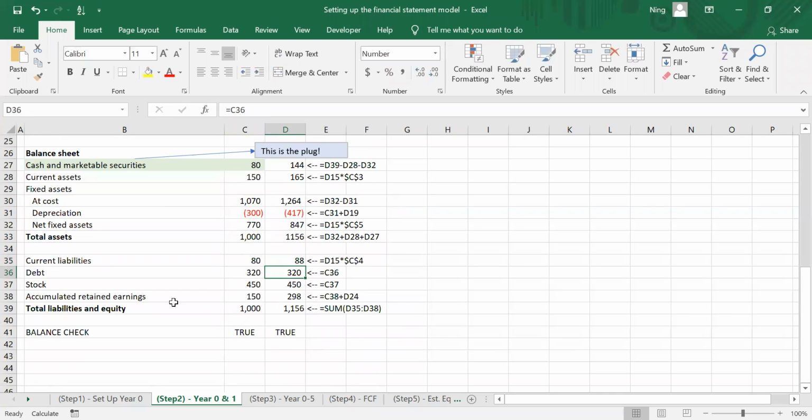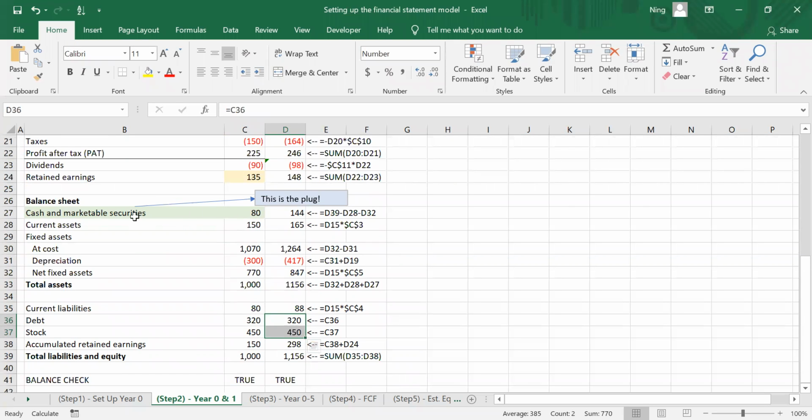Okay, and moving on to debt and stock. Debt and stock are policy variables. So the values for debt and stock are not going to change unless you read from the 10-K that management indicates they are likely to offer a debt or equity offering in the following year. Especially since we have assumed that cash is the plug variable, all the cash fluctuations go to the cash account.